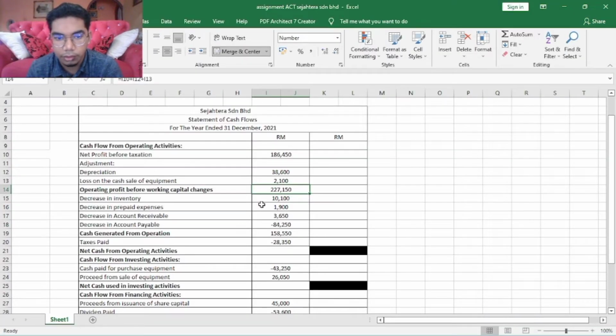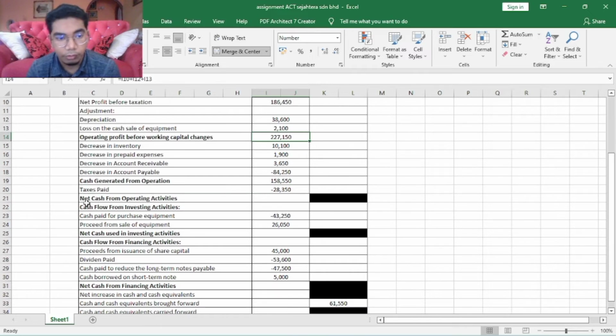So we deduct all the amounts, and we get for prepaid expense 1,600, account receivable 3,650, and account payable 84,250. So we sum all the amounts we get 158,150. So before we get net cash from operating activities, we should deduct the tax paid.